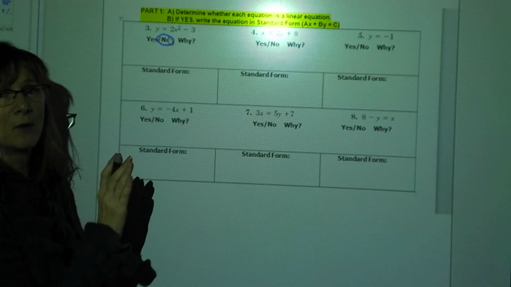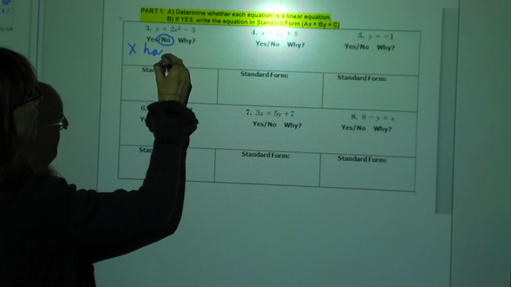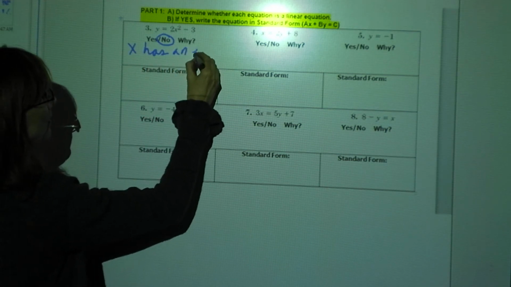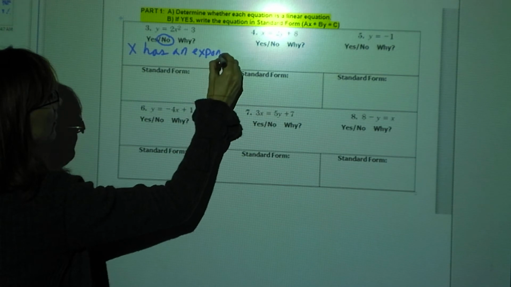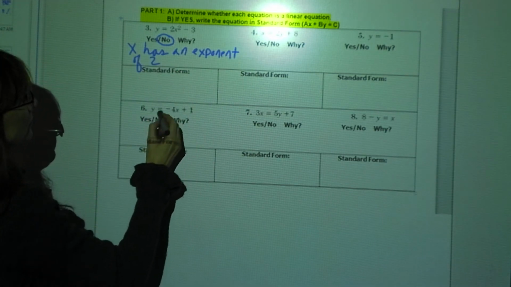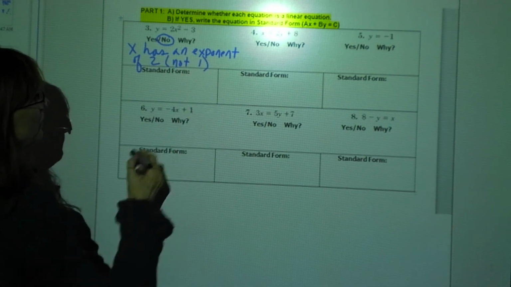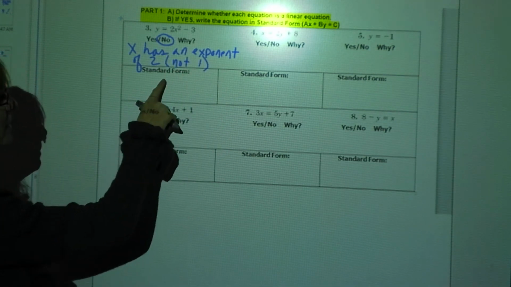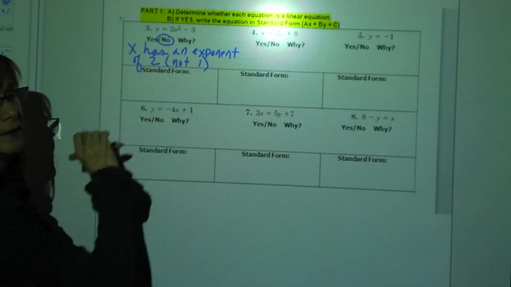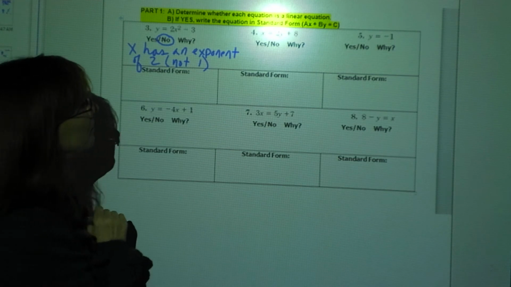Remember we said the exponents have to be 1. We can't write that in standard form because that's not a linear equation. We're only going to write it in standard form if it is a linear equation.